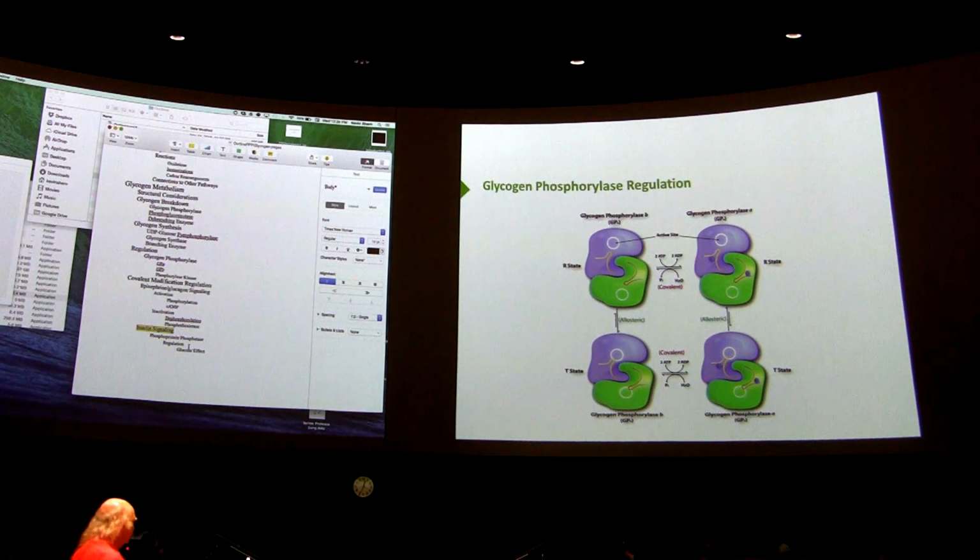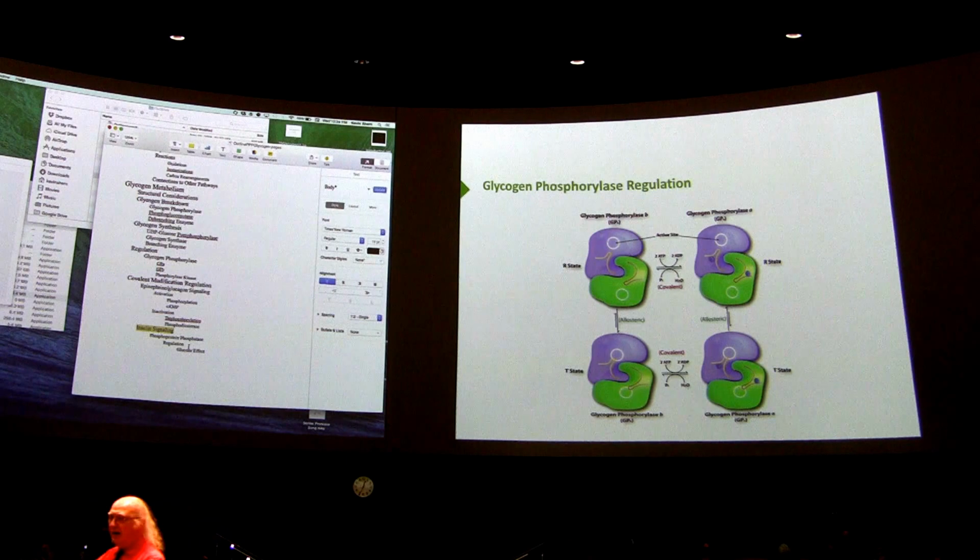The form that has a phosphate on is known as glycogen phosphorylase A, or GPA. And it's the form that's shown in the upper right. It's also the form that's shown in the lower right. And GPB is also the form that's shown in the lower left. So everything on the left is a GPB. Everything on the right is a GPA.